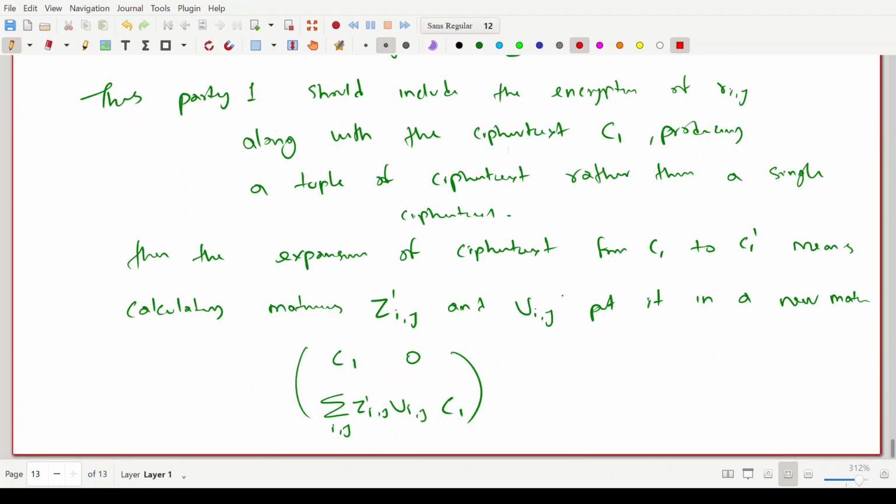If I multiply it with S1 and S2, what do I observe? The first term I am having is C1 S1. The second term is the summation of Zij dash Uij multiplied by S1 plus C1 S2.